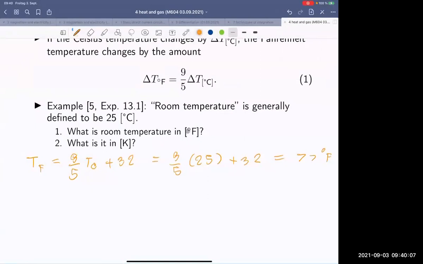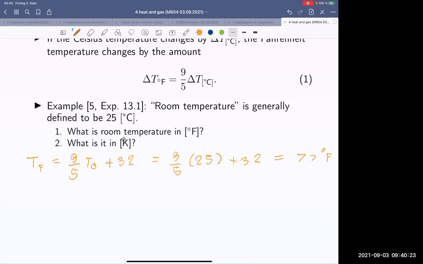There will be a small circle in front of F and in front of C, but for K, which is the absolute temperature scale, there will be no zero at all.